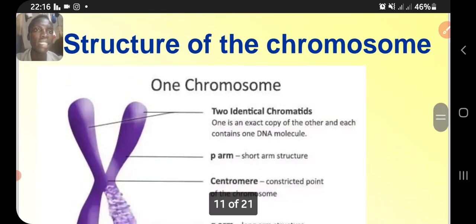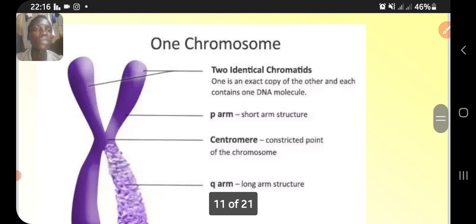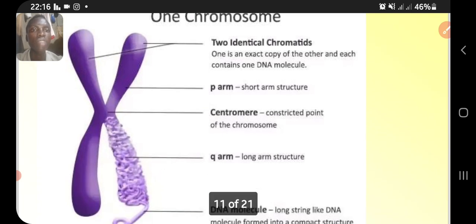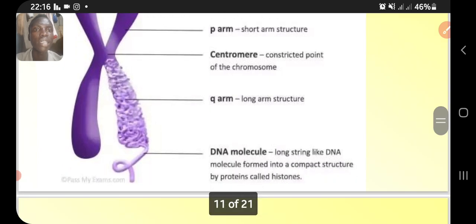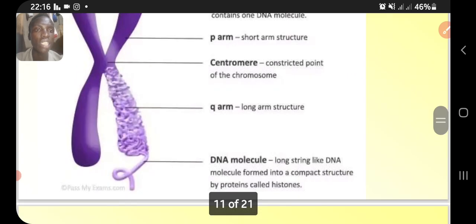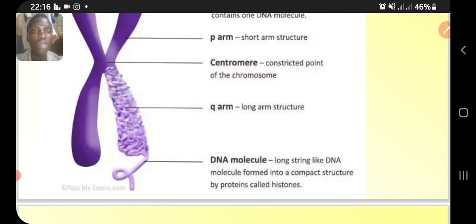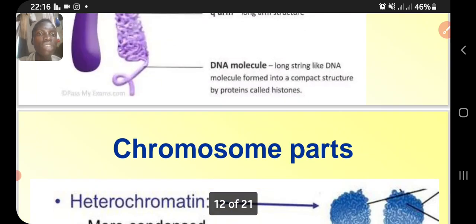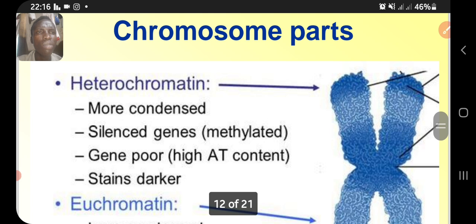Now this is when it has thickened and it is visible. We have two identical chromatids that are joined together at the centromere, which is the constricted point of the chromosome. And then we have the DNA molecule. Within that thickened chromosome, we have the DNA molecule strand, with different histone proteins attached to it. This DNA molecule is long and string-like.